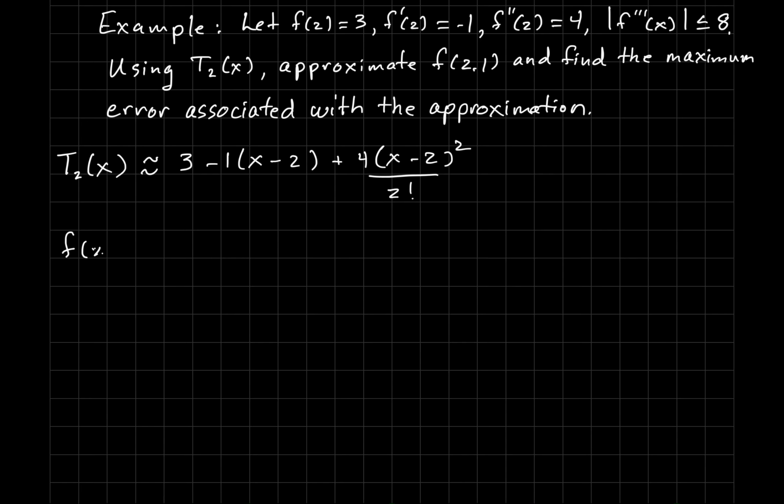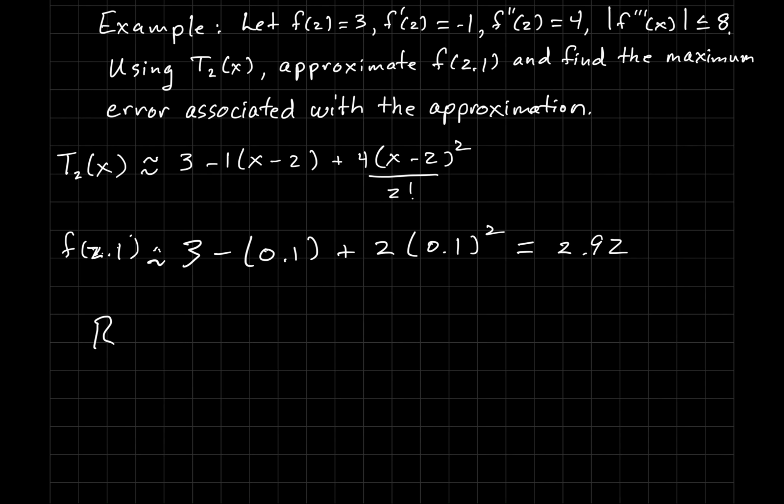Which means that f of 2.1 is approximately 3 minus, 2.1 minus 2, plus 4 over 2 factorial, or 2, times 2.1 minus 2 squared. But what is the maximum error using my second degree polynomial?